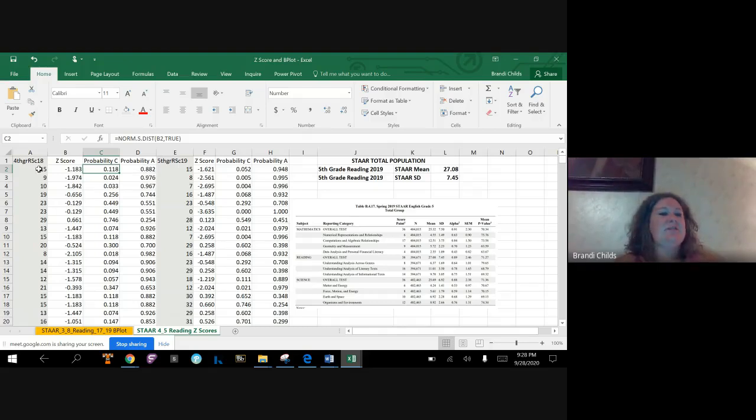Now, if we look at the same 15 raw score for the 2019 school year, we can see that these numbers are quite different. Now, we went from 12% down to 0.05, and look how many more students did better. So despite it being 15 and 15, when the fourth graders became fifth graders, looking at this chart, more students did better than him or her in fifth grade than they did in fourth grade.